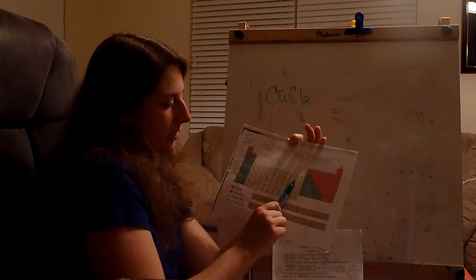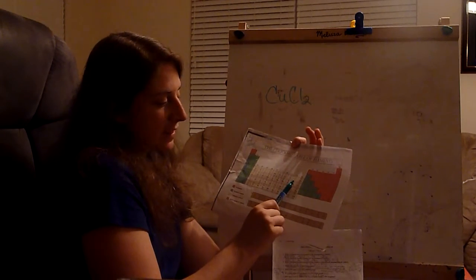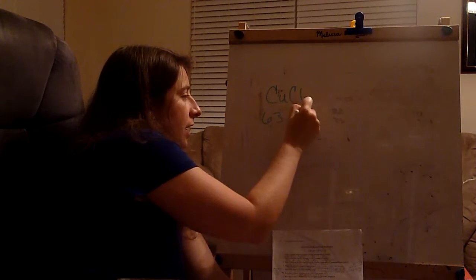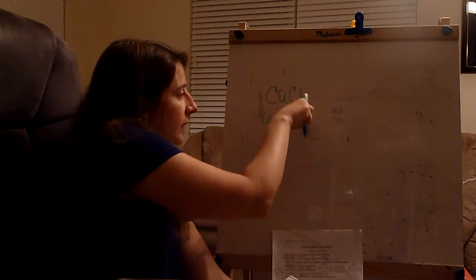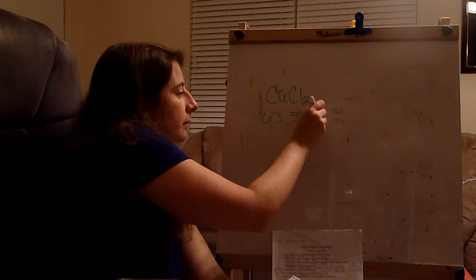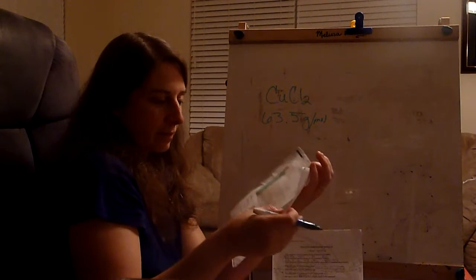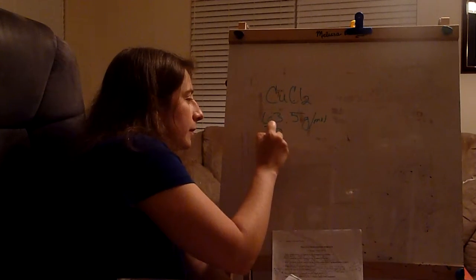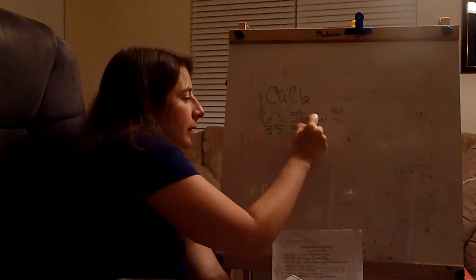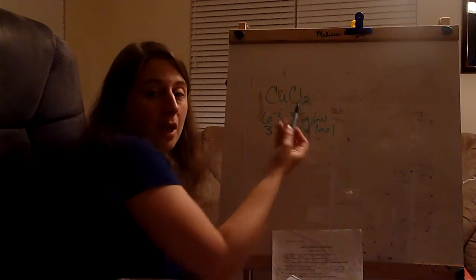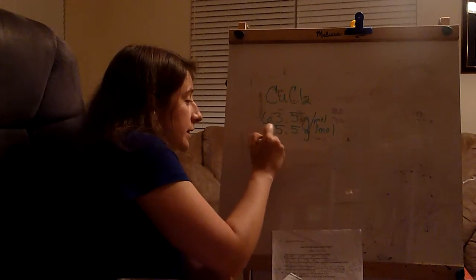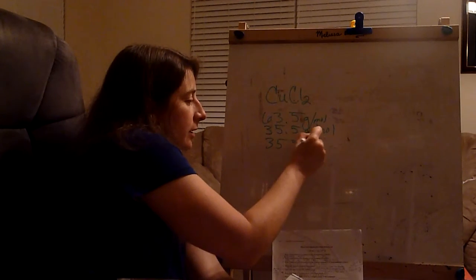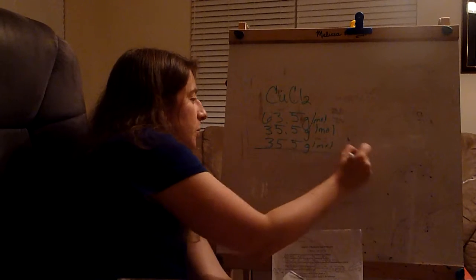It's here in the first row of transition metals, and it has a molar mass of 63.5 grams per mole. Then chlorine has a molar mass of 35.5 grams per mole. And of course you can see from the chemical formula there are 2 chlorines in 1 molecule of copper chloride. So we'll add it twice.